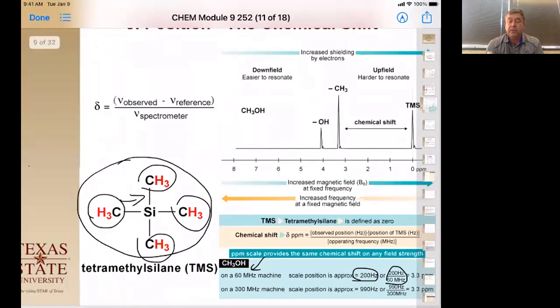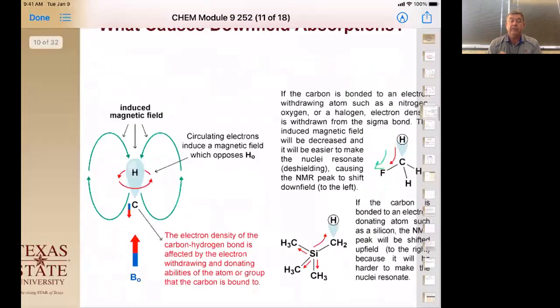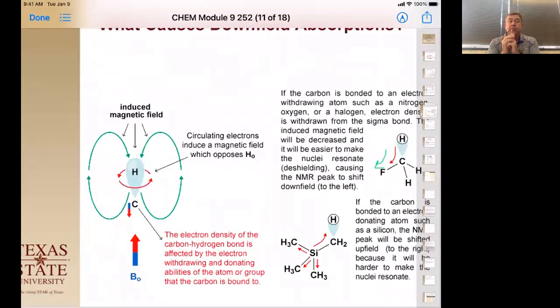What we see is that as the individual hydrogens are aligned in that magnetic field, their ability to relax is changed by how close they are to an electropositive or electronegative atom. When it's next to something that can hide some of that magnetic field, it's called shielded. It's shielding its hydrogen from that magnetic field.